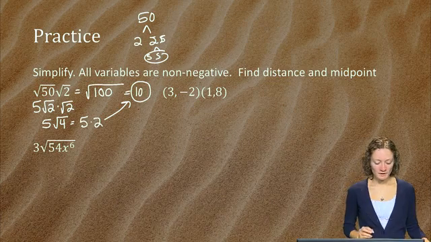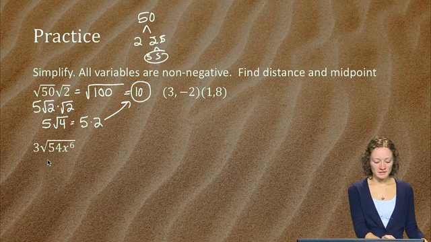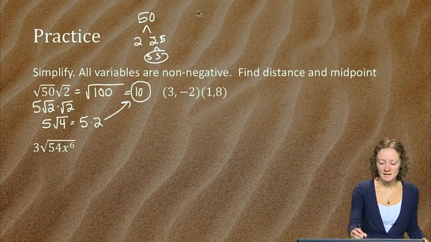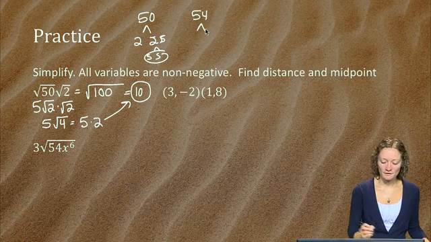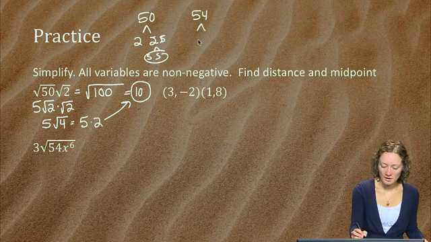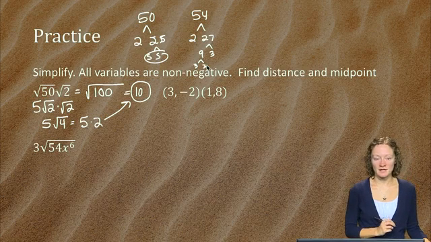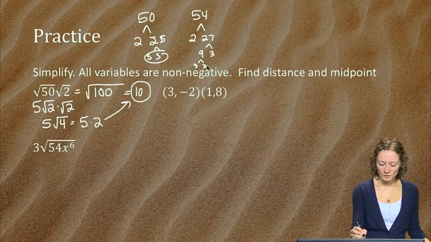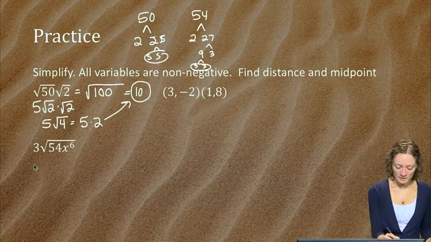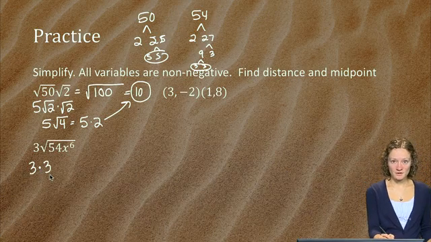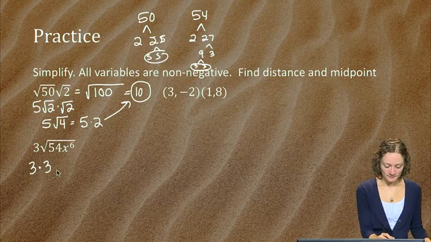All right, the second one, some of the work has already been done for us, the 3 on the outside. So let's see if there's anything in 54. This can break down to 2 and 27, 27, 9 times 3, and then 9, 3 times 3. So the only perfect square is a 3. There's already a 3 on the outside, then another 3 comes out from the pair.